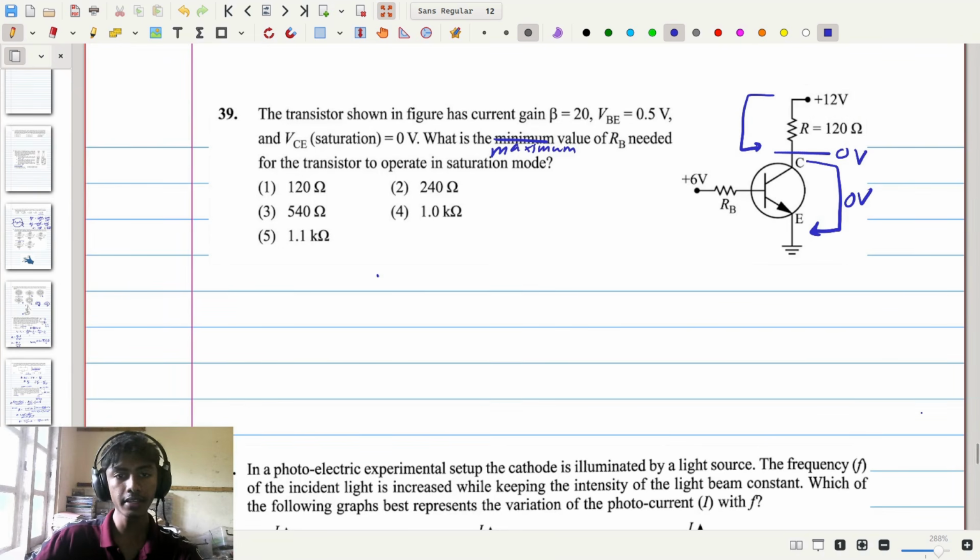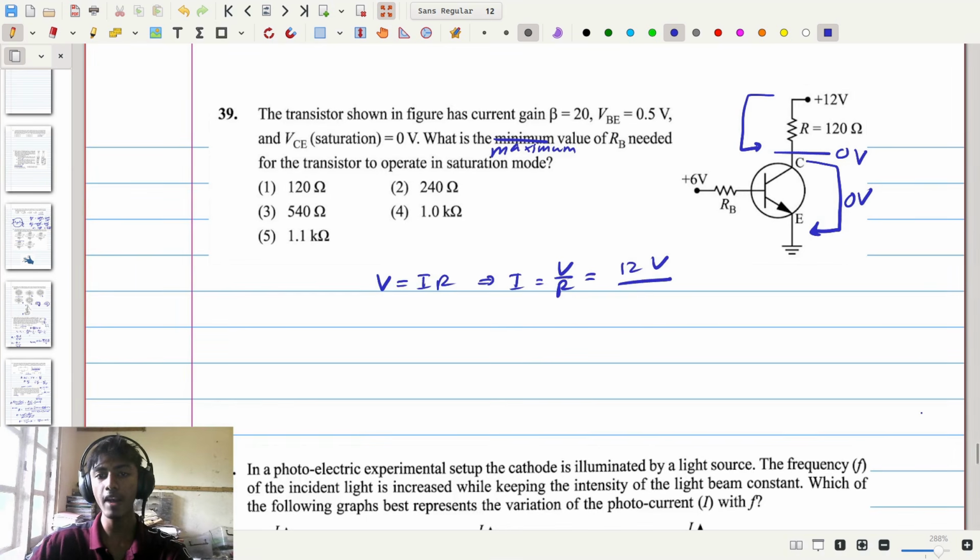If we apply V equals IR, we get I equals V divided by R, which is 12 volts divided by 120 ohms, which is equal to 0.1 amperes. So the current going through this resistor and through the collector is equal to 0.1 amperes. So we can say IC equals 0.1 amperes.